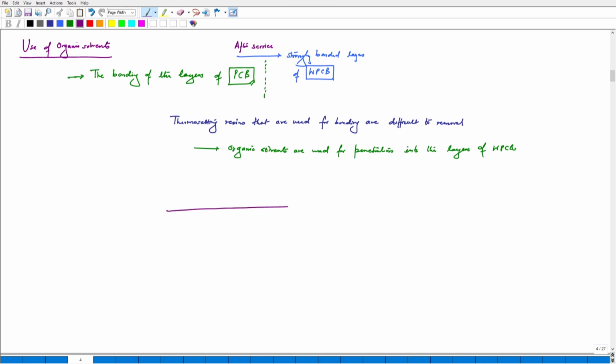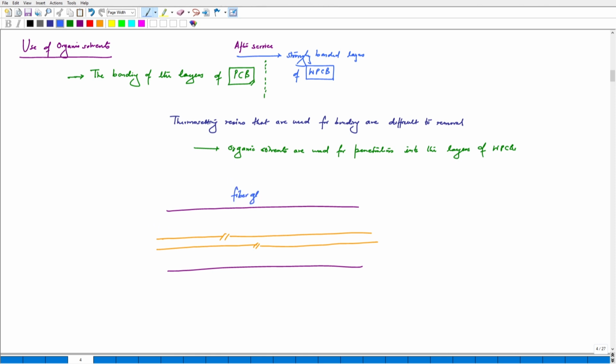So suppose that we have these as fiberglass, and suppose that this one is the metal, and we are trying to involve the penetration of organic solvents.